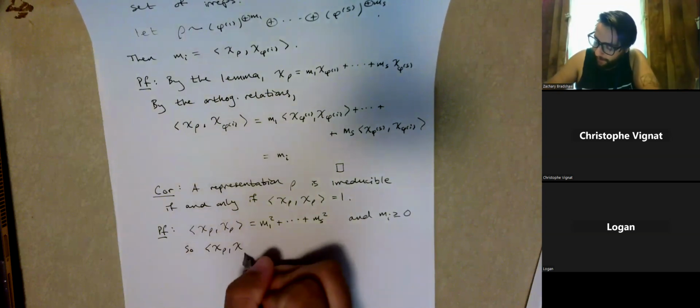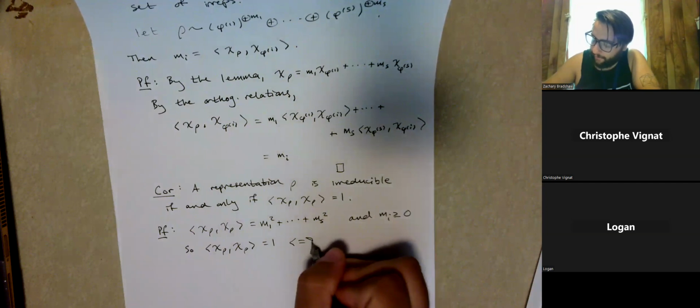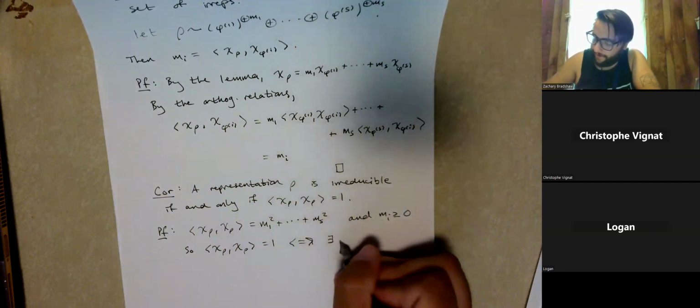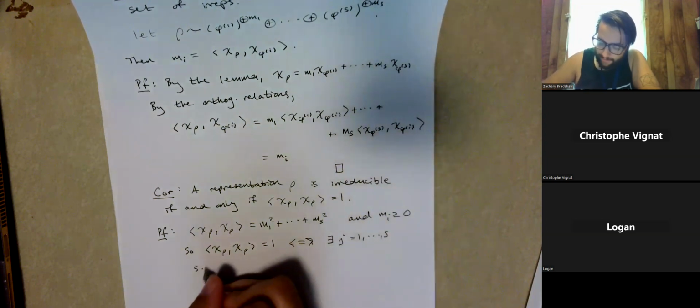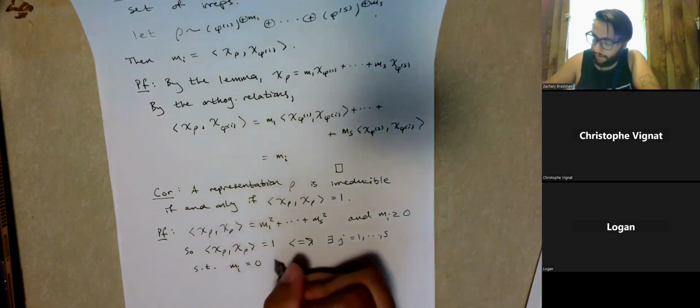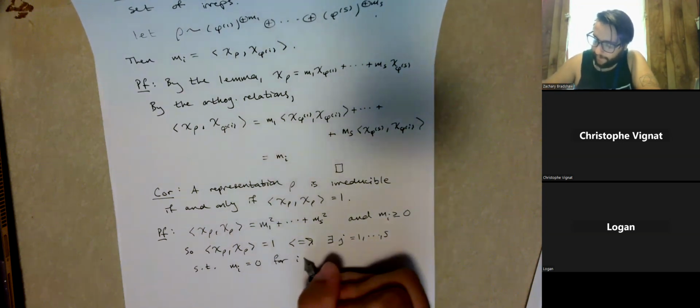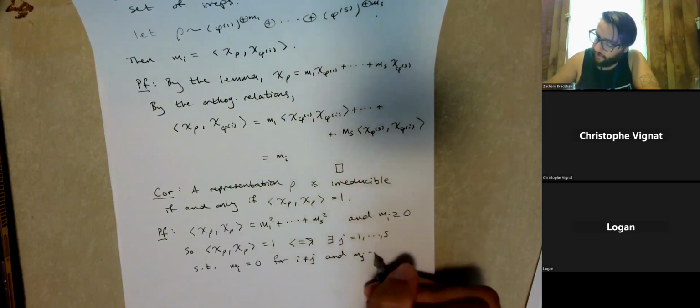But anyway, so the inner product of chi rho with itself is equal to 1 if and only if there exists a j between 1 and s such that m_i is equal to 0 for i not equal to j, and m_j is equal to 1.